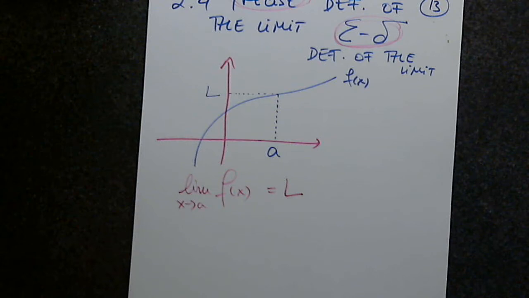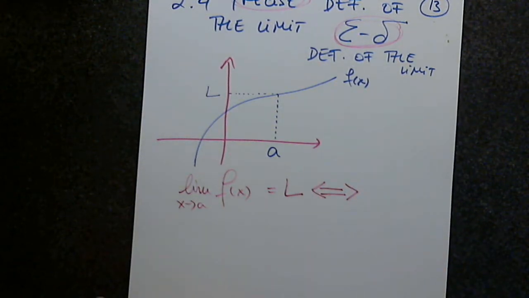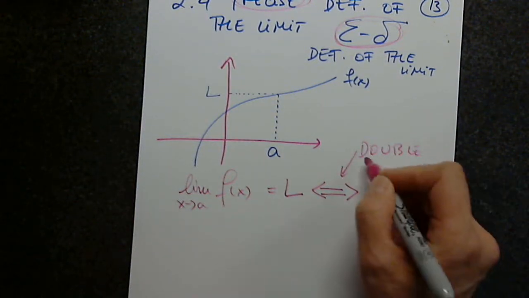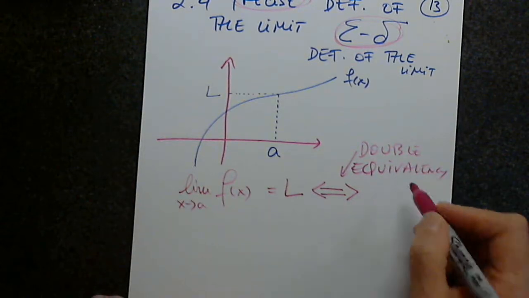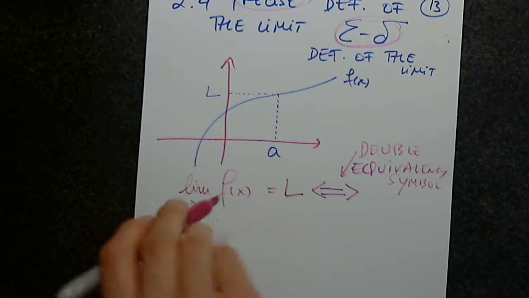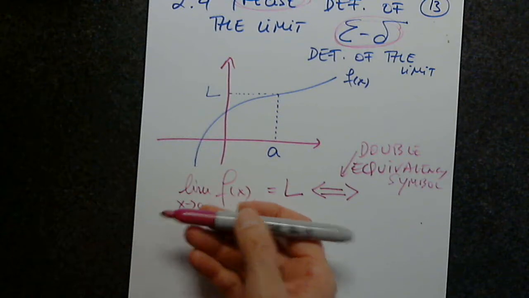So let's start. This symbol is the double equivalency symbol. What does this mean? It means that I can start here and get that, or I can start here and get that. It goes both ways.